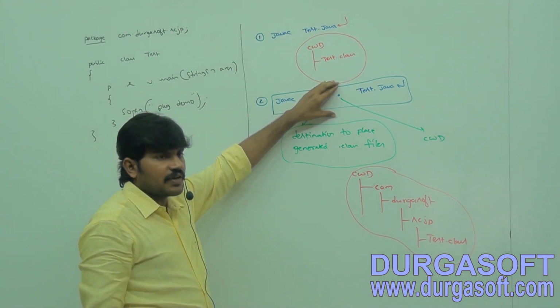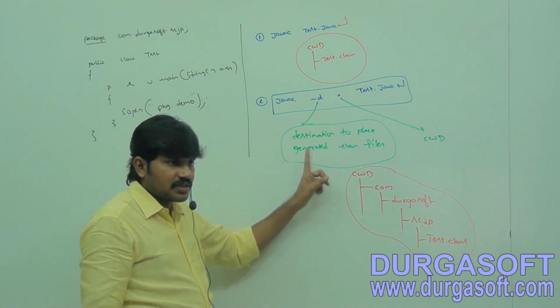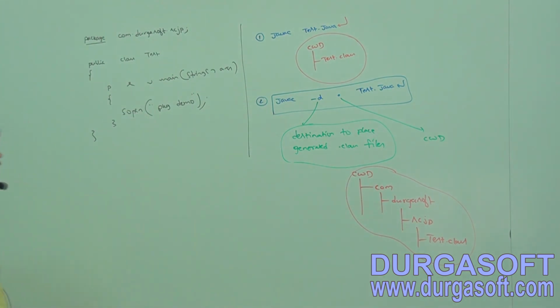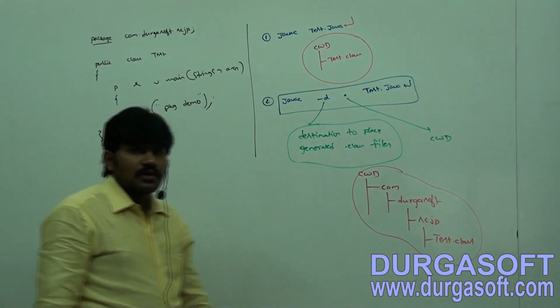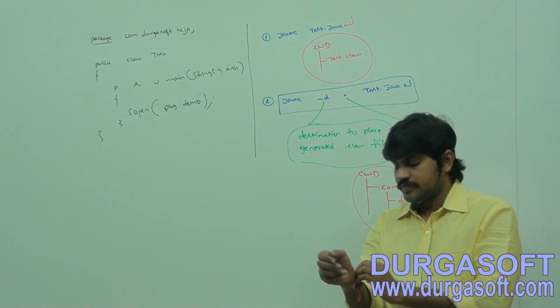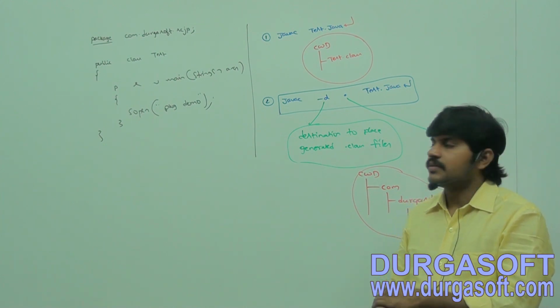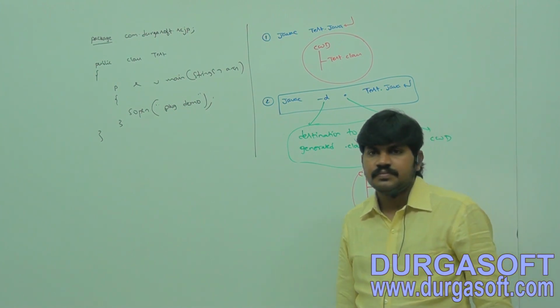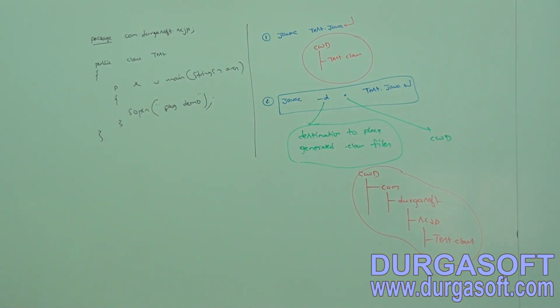Normal compilation, and with the -d option, what is the difference? You should be aware. How to run and what variations there are, that part I will discuss. First, take this example up to this package: package com.durgasoft.scjp; public class Test, just the code, don't take anything else.